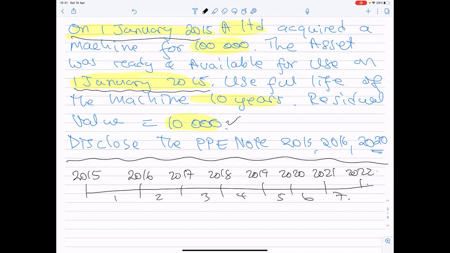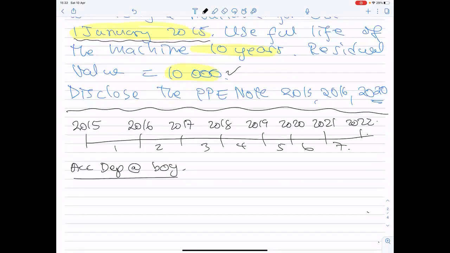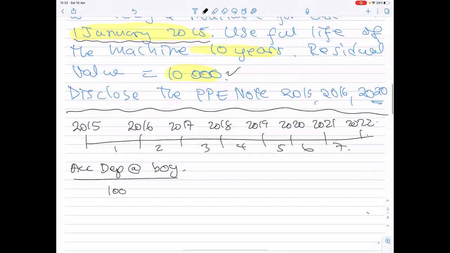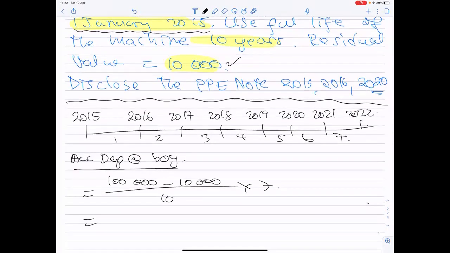So if it is 7 years, we are going to calculate our accumulated depreciation at the beginning of the year, which is the end of the previous year. So it will be 100,000, we take out 10,000, we divide by 10 multiplied by 7. It's full years; we'll do the months at a later stage.